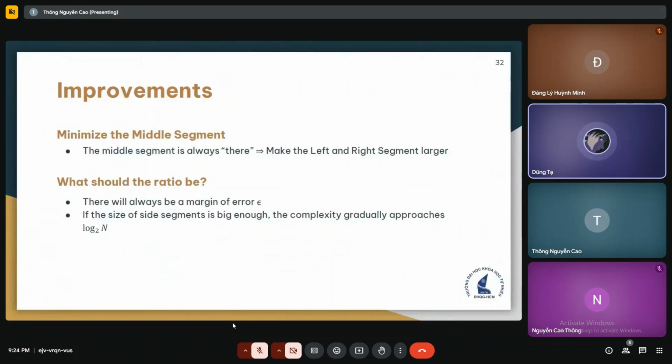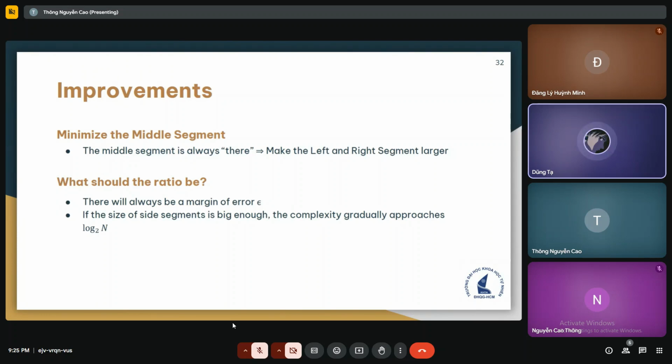Okay. Moving on to the algorithm improvements, we will now go through two key observations that help us optimize ternary search in practice. Observation one: in ternary search, we always discard one of the outer thirds, but the middle third is always kept. This means the smaller the middle segment, the more we eliminate in each step.